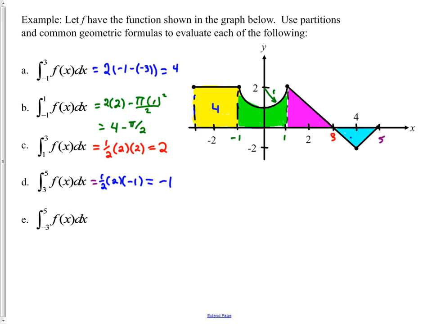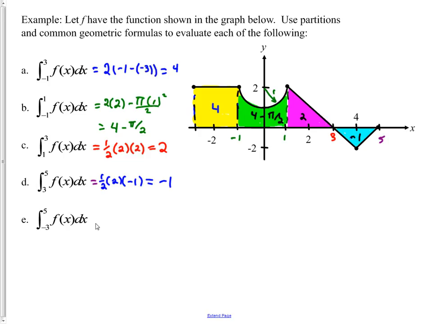So if we think about the areas that we've got right here, look at what we're going to do. If we say let's find the definite integral from -3 to 5 of f of x dx, we're going to take the sum of 4 minus pi over 2, 2, and -1.